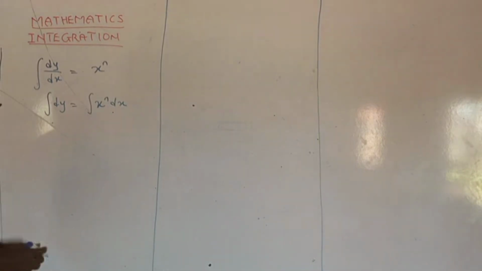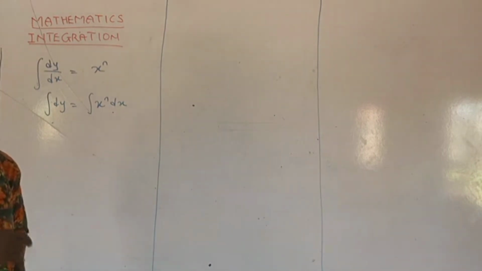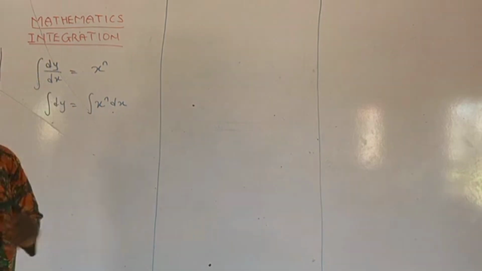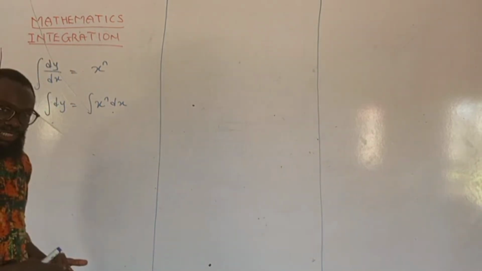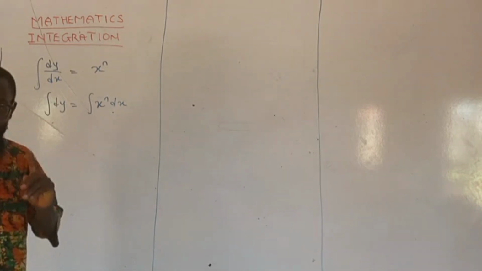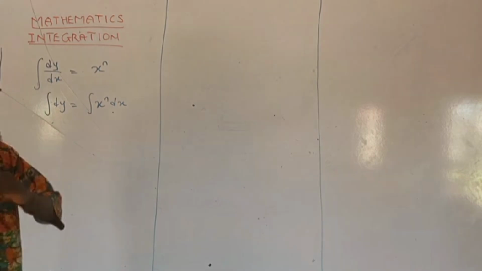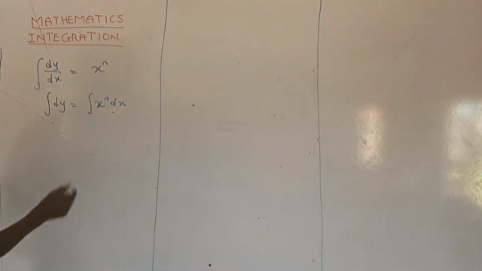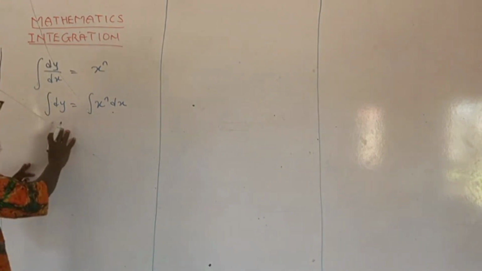Fine. How do we integrate? Let us first of all move back to our differentiation. To differentiate, you use the power to multiply the coefficient, then subtract the power by 1. But in integration, you are going to add 1 to the power, then divide by the same power. Here, we're going to integrate dy.